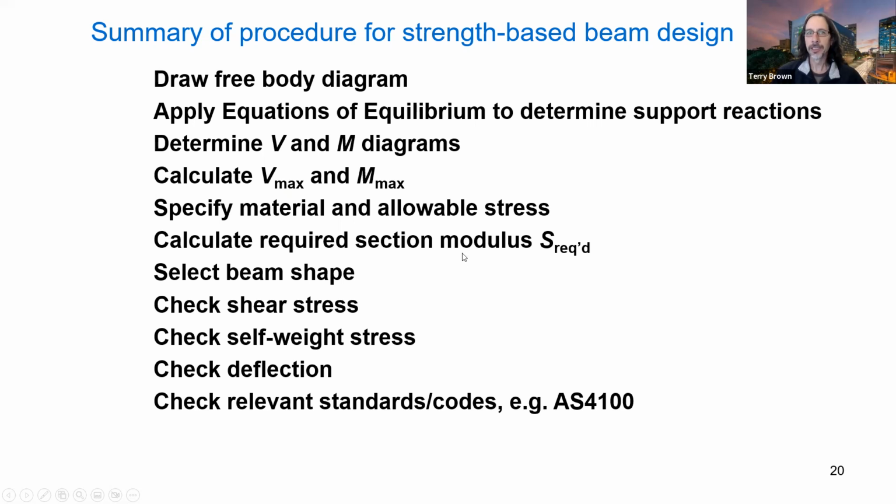From that, you can calculate your required section modulus, select your beam, check the shear stress, check the self-weight, check the deflection. And if you're doing this in practice, in industry, for a real structural application like a crane or something like that, then make sure you comply with the relevant standards or codes such as AS4100.